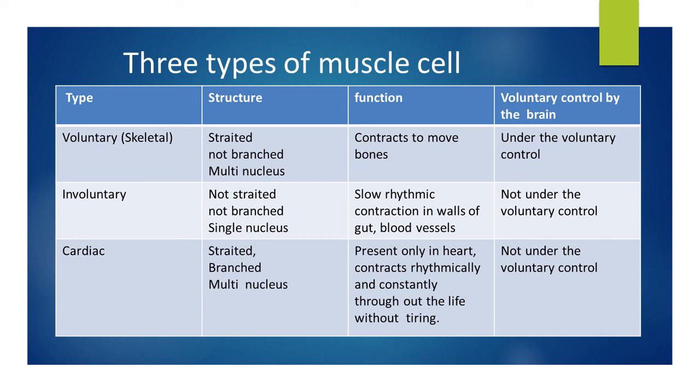Then cardiac muscle. Cardiac muscles are present only in the heart. In structure, it is striated and branched and has many nuclei. As I said earlier, it is present only in the heart and contracts rhythmically and constantly throughout life without tiring.